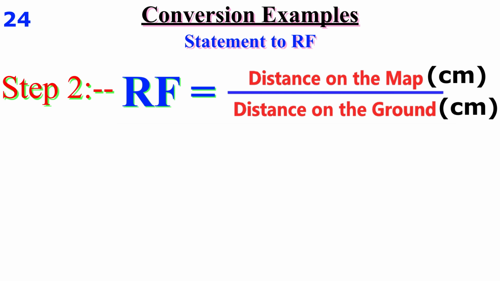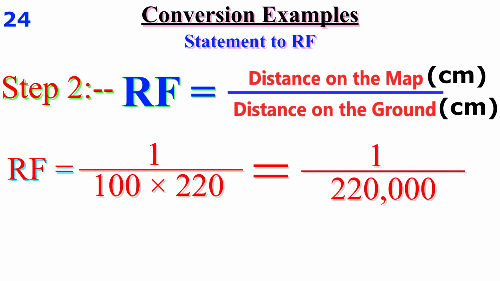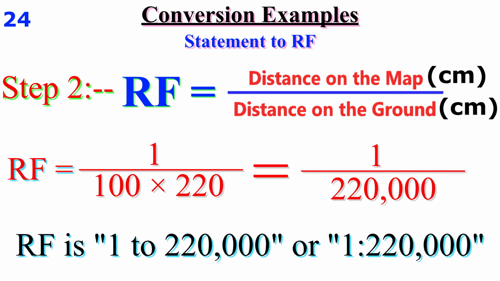So, RF equal to 1 by 100 into 220 equal to 1 by 220,000. Answer is RF is 1 to 220,000. Clear?